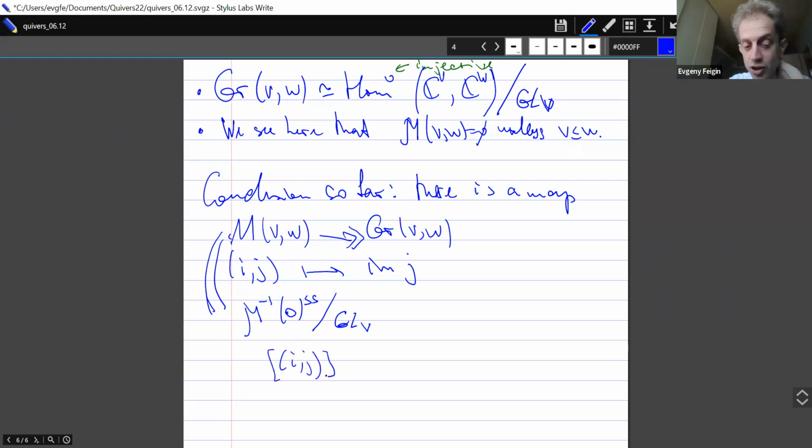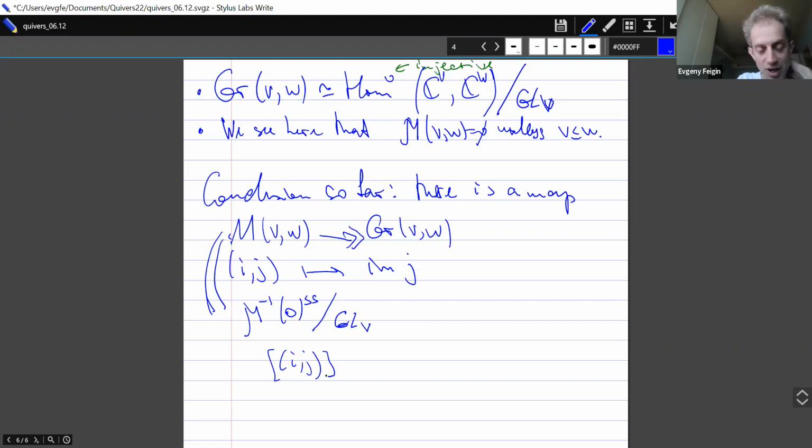So GLV is not contained in MVW. Rather, we consider the orbits of GLV with respect to the action on the semi-stable part of the 0 fiber of the moment map, right?